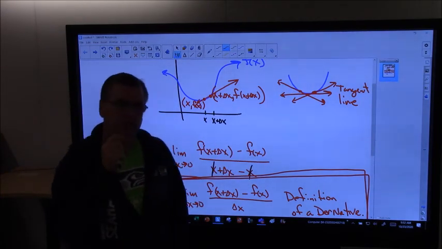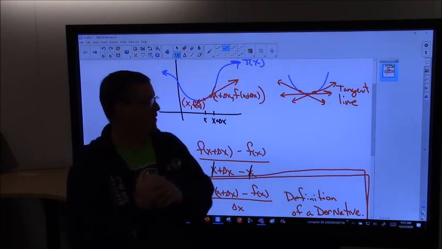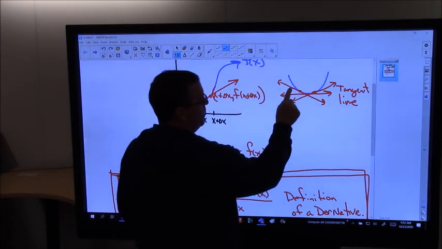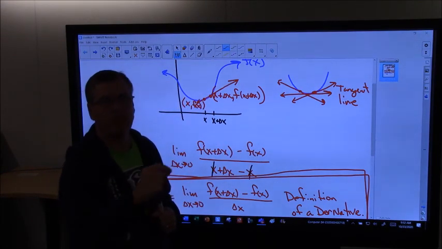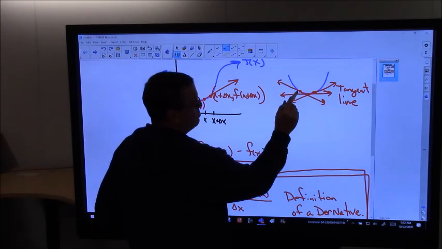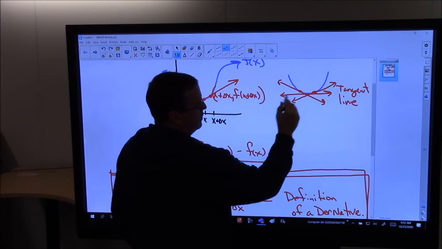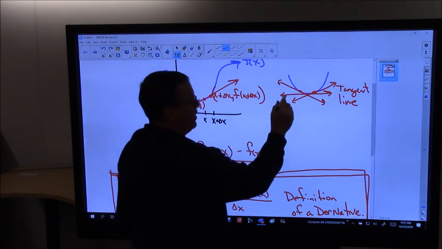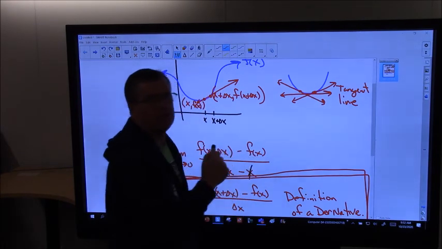When I find the derivative, what I get is an expression that if I plug in any x value, it will tell me what the slope of the tangent line is at that point. So if I find the slope at this point, I'm going to get a negative answer. If I find the slope down at where the relative minimum is, I'm going to get 0 for an answer. And if I find this slope, I'm going to get something positive.